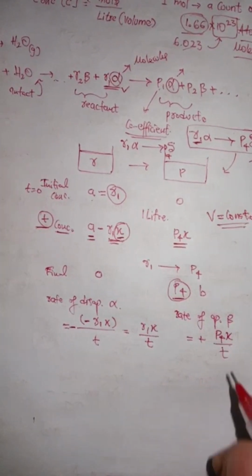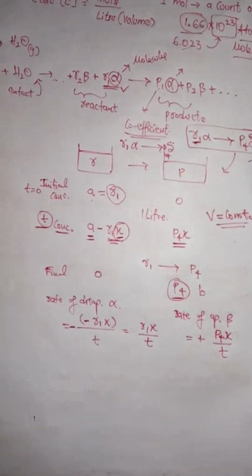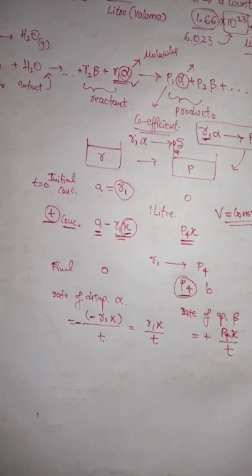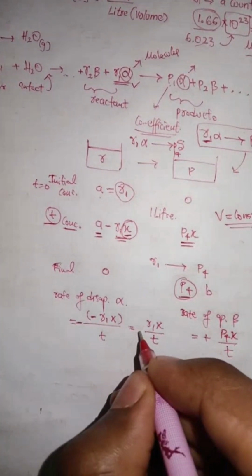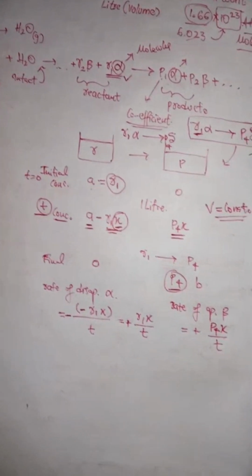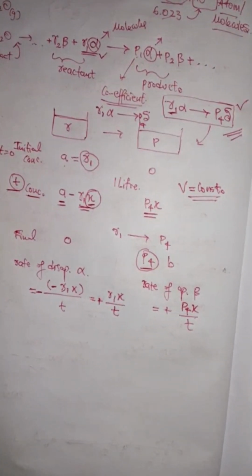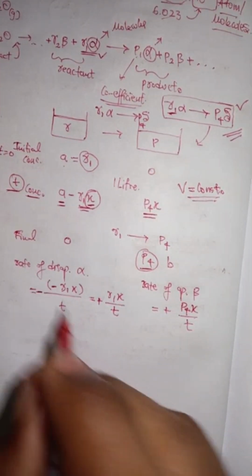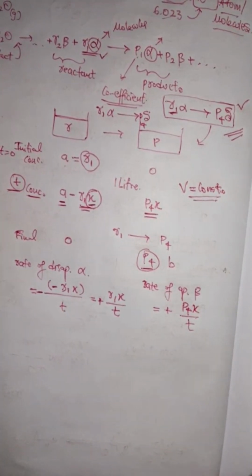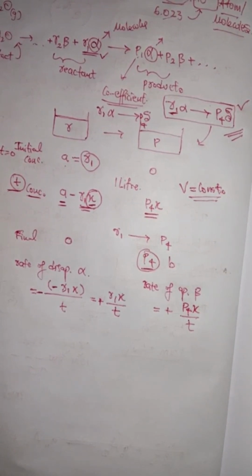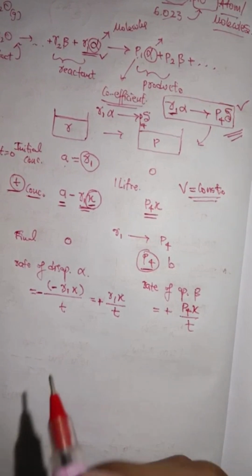This is the rate of appearance of beta, and this is the rate of disappearance of alpha. These two are not the rate of reaction, because the rate of disappearance is divided by its coefficient in order to get a unique value of the rate of reaction, which is independent of the concentration terms that we have taken.